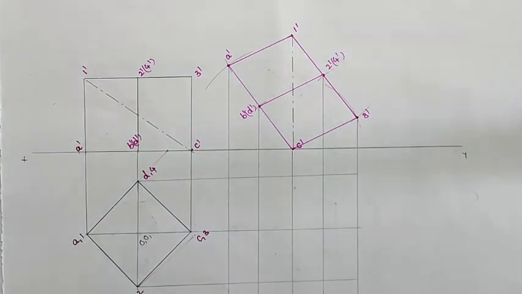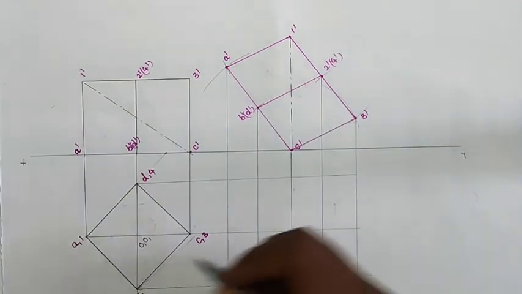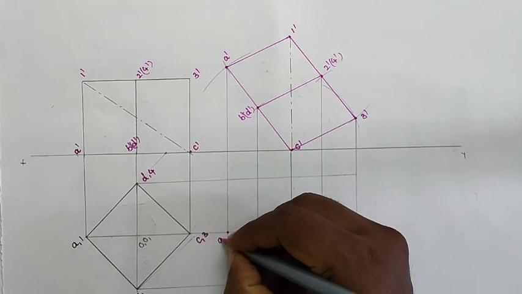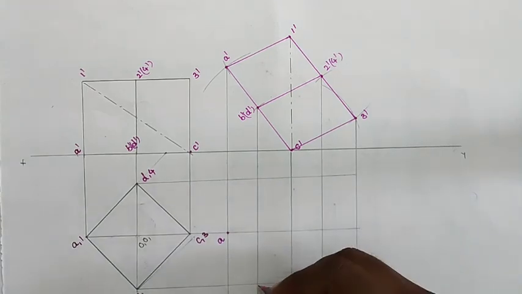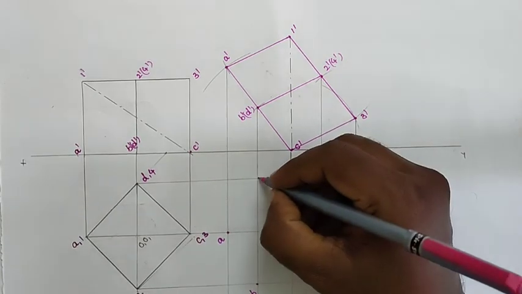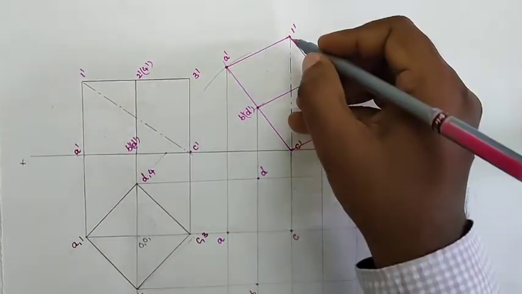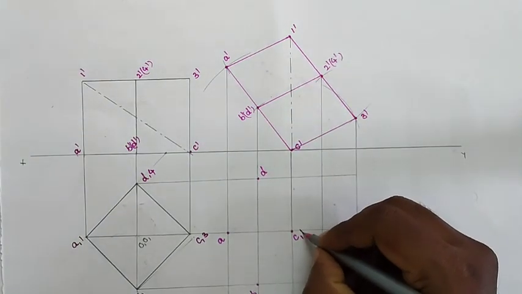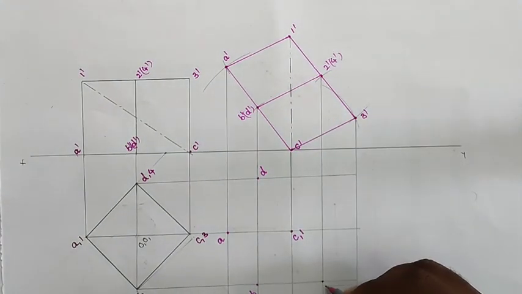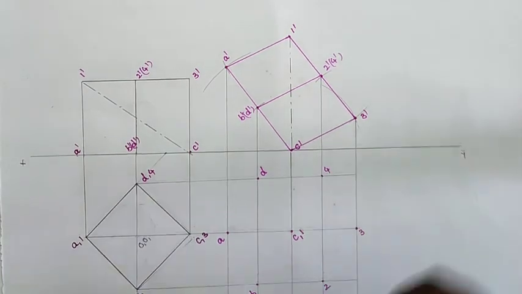Now locating the corresponding intersecting points here. So A dash vertical line and a horizontal line, here we'll get A, and here we'll get the point B, and here we'll get the point C, and here we'll get the point D. C dash and 1 dash are on one line, so here we'll get the point 1. Next 2, and here we'll get the point 3, and here we'll get the point 4.